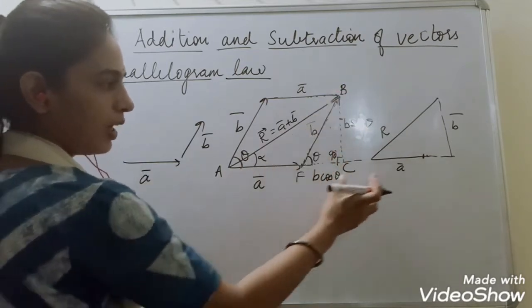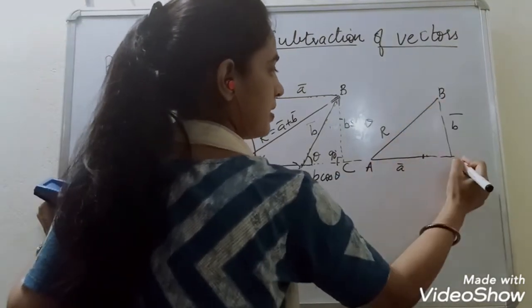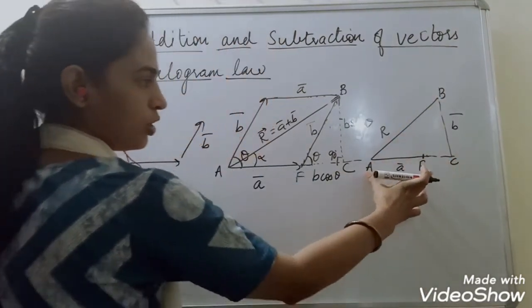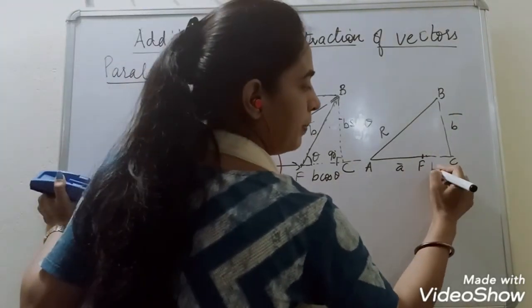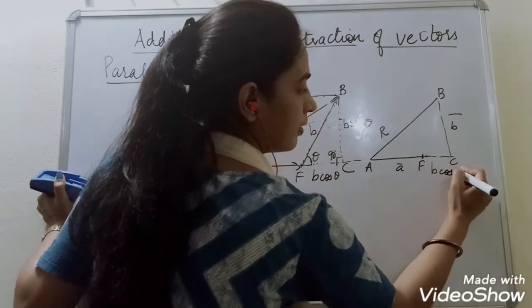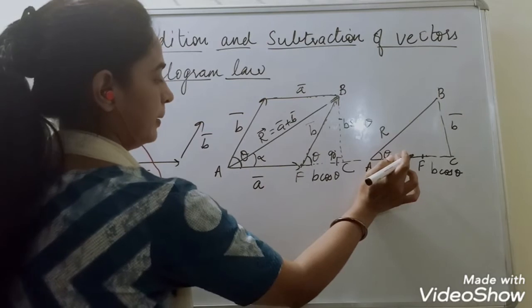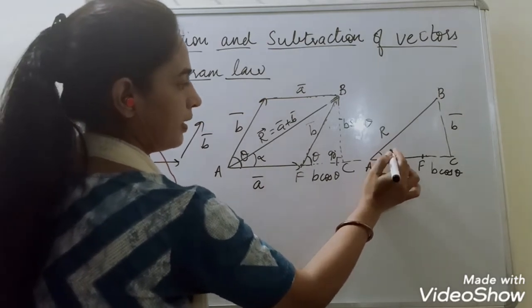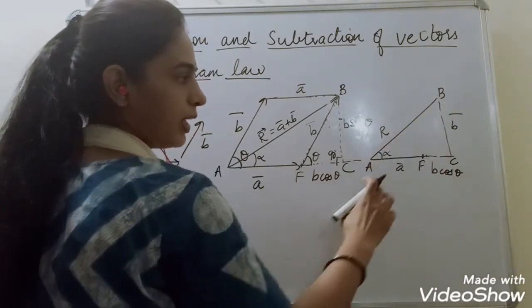So in this big triangle, now we have, this is A, B, C, and this is F. So AF is A and FC is B cos theta. This is angle, sorry, is angle alpha, not theta. Okay, this is angle theta, right?